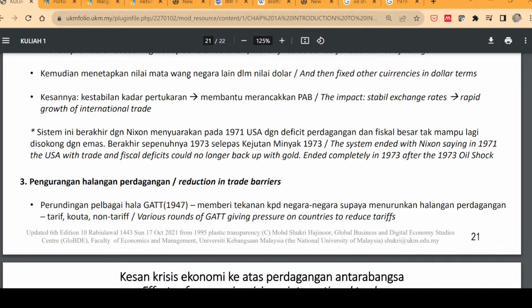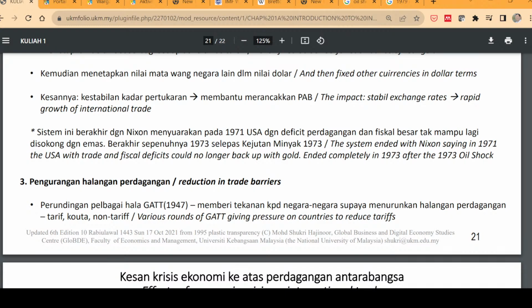So the existing one, what has been there already, which is the General Agreement on Tariffs and Trade, became a de facto system that organized the trading system for the world at that time. Use what has been available, GATT already available.